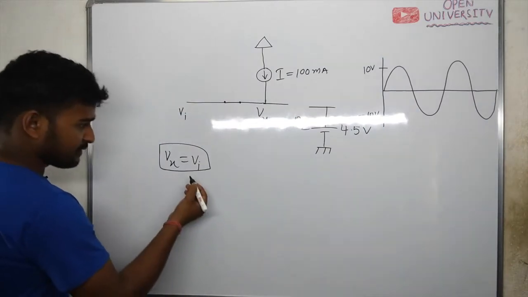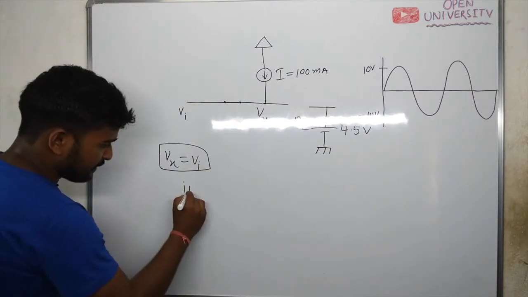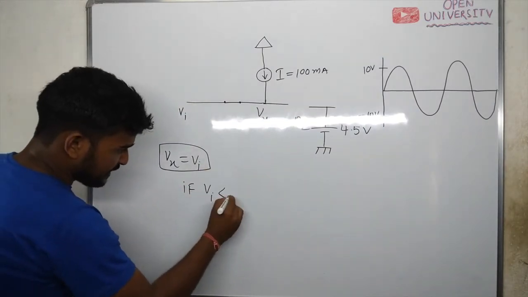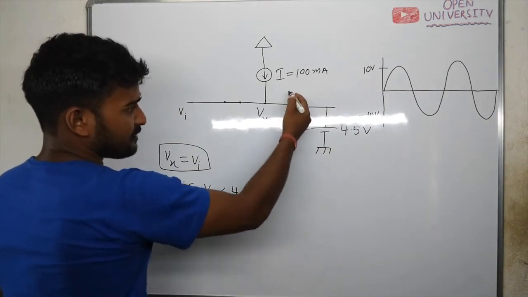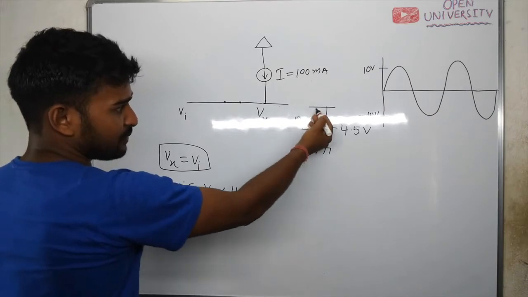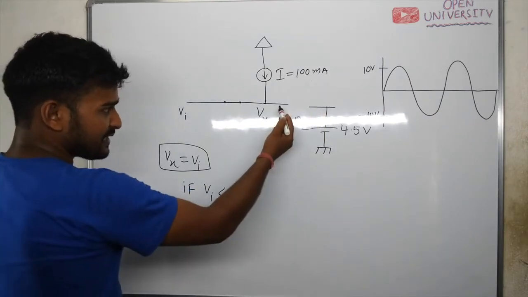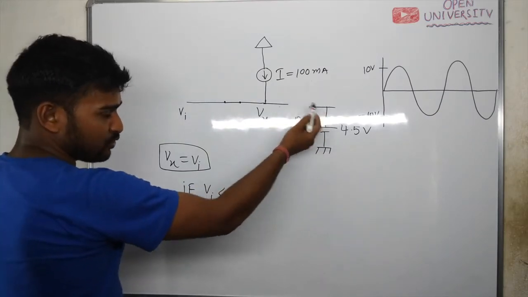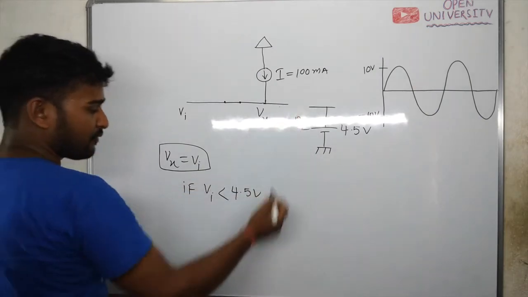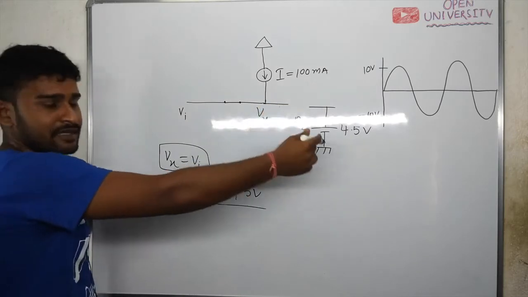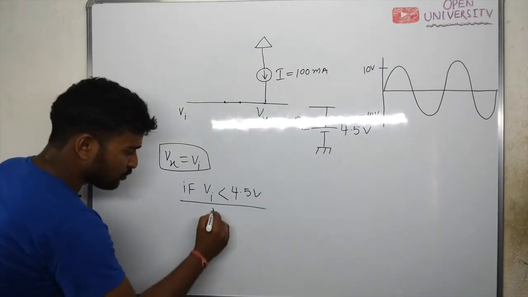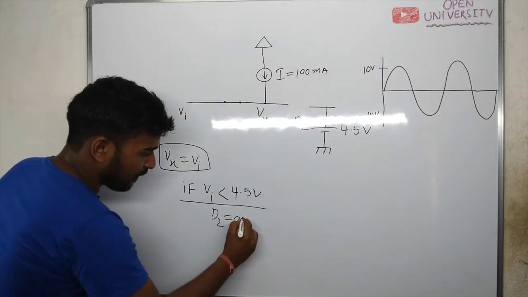If Vx, nothing but Vi, is less than 4.5 volt, then D2 is off.